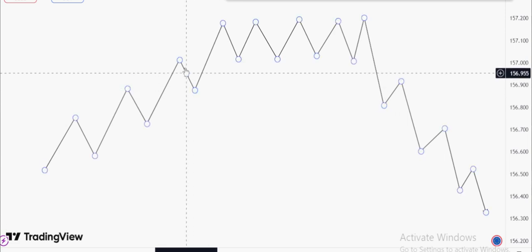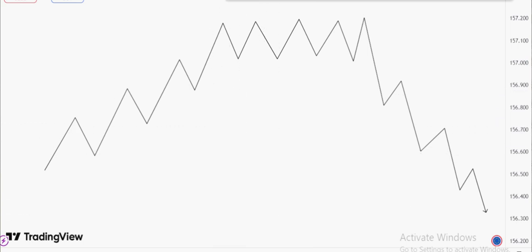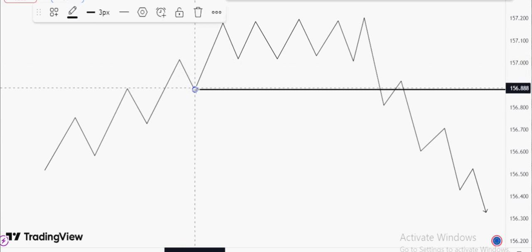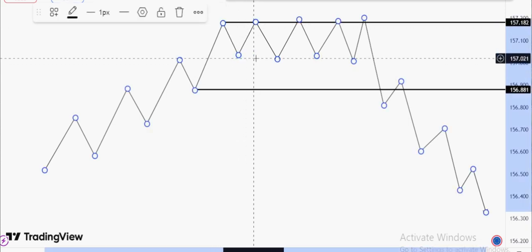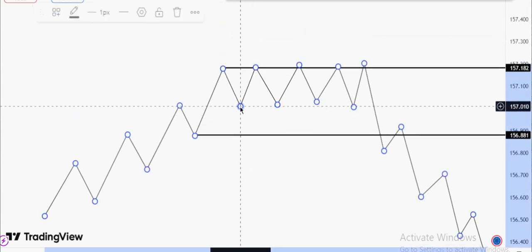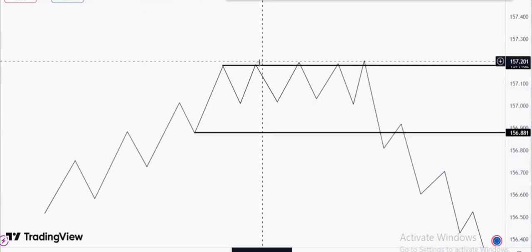We said earlier that every single high is a key level, and every single higher low is a key level too. So if we had marked out this higher low here, and then we marked out this high, and then instead of prices breaking the high that we had marked out, we see prices failing to break.